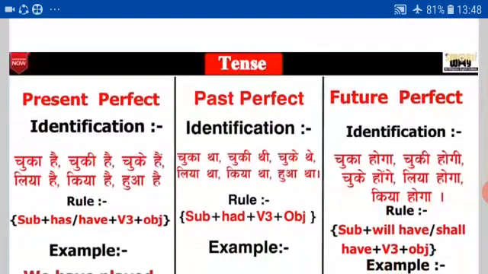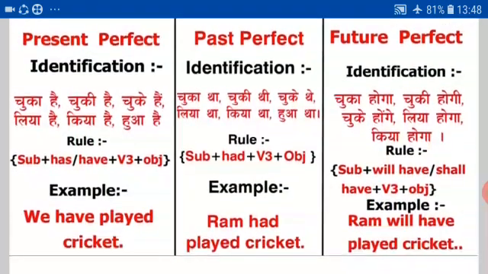In this way, we will prepare present perfect tense, past perfect and future perfect. Students, present perfect's identification is चुका है, चुकी है, चुके हैं, लिया है, किया है, हुआ है, and its rule is subject plus has or have plus third form of verb plus object.